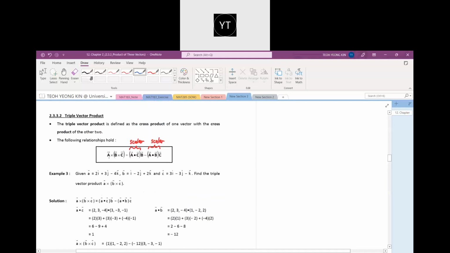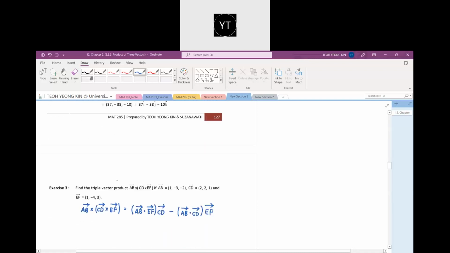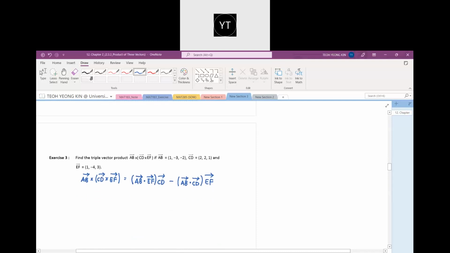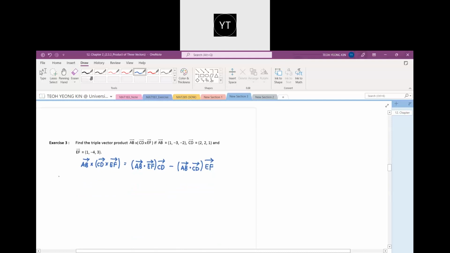So again, the first and the third vector, minus the first and the second vector. So first we define the dot product of AB and EF, where AB is 1, -3 and -2, dot product with EF 1, -4 and 3.